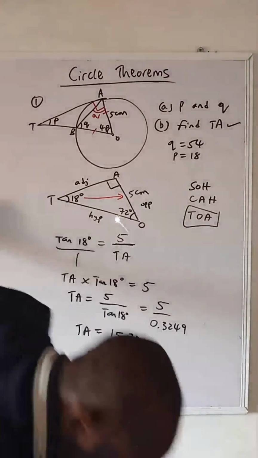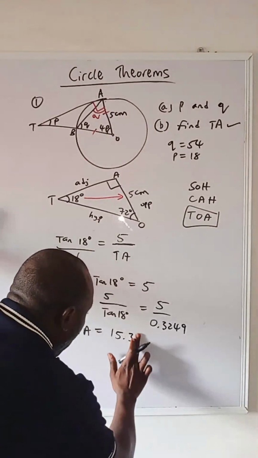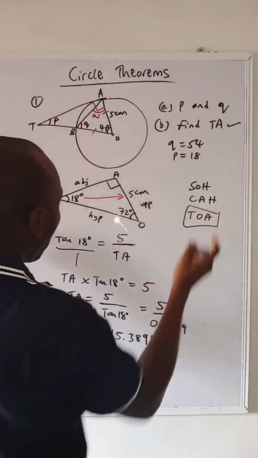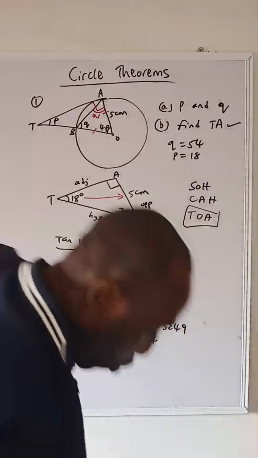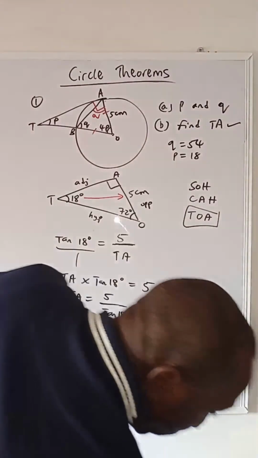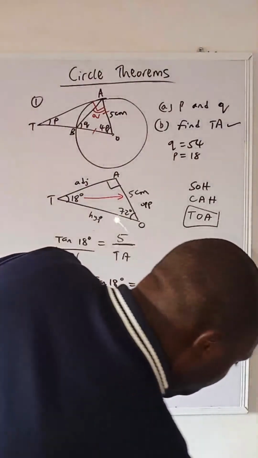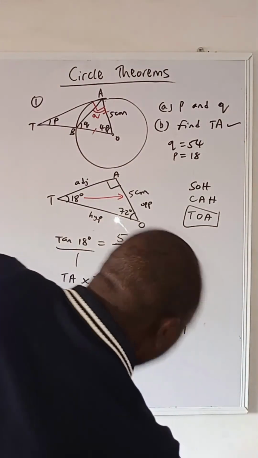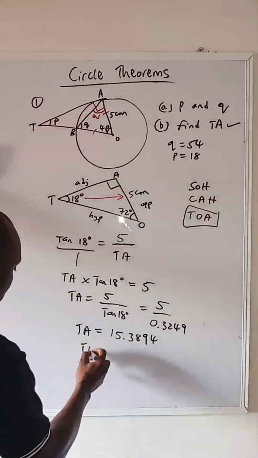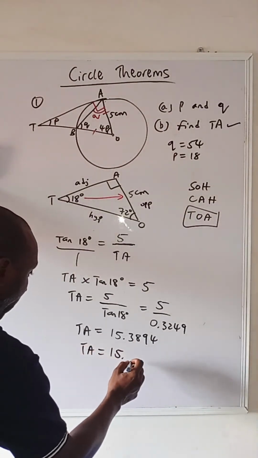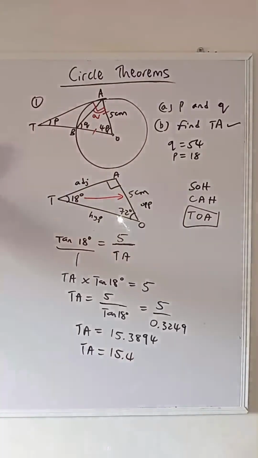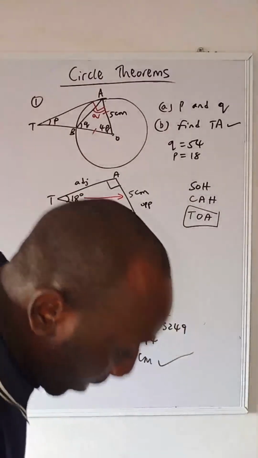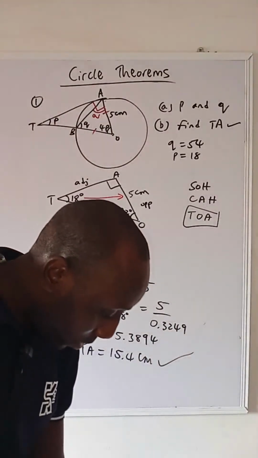Now they said to what? I didn't write it, but even if it is not stated, let's leave the answer to one decimal place. That's 15.4 centimeters. So this is the length of TA, 15.4 centimeters.